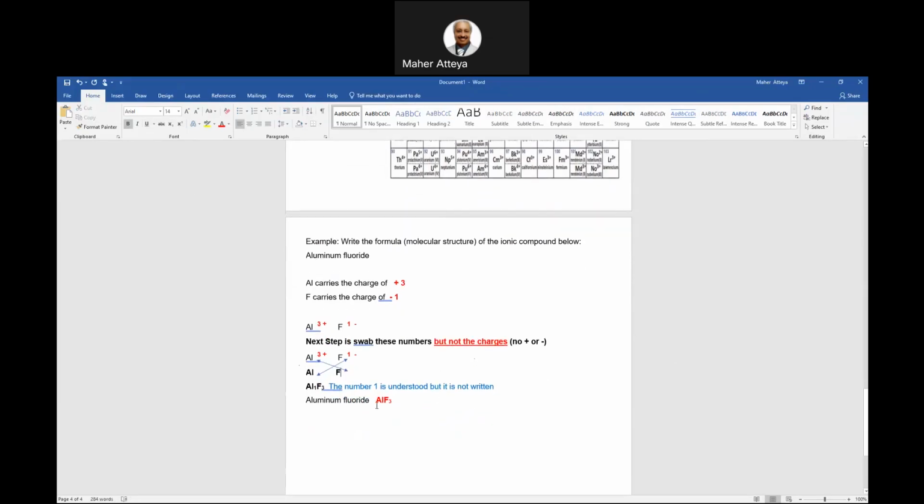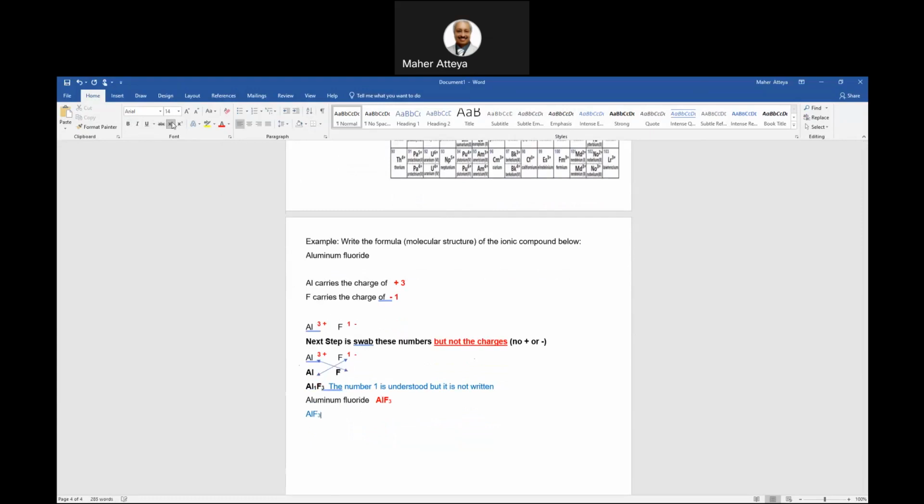Now, if I look at this, aluminum is 1, correct? So calculate the whole, and it's a neutral compound. So aluminum fluoride should have 0 charge.